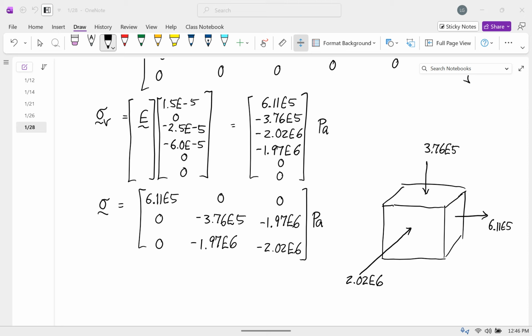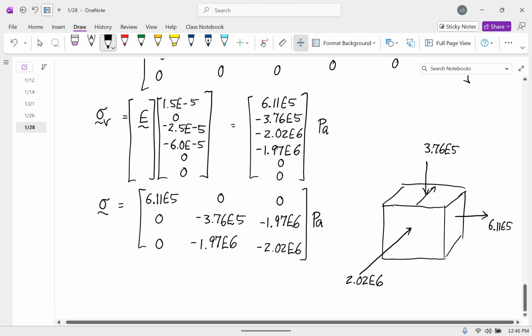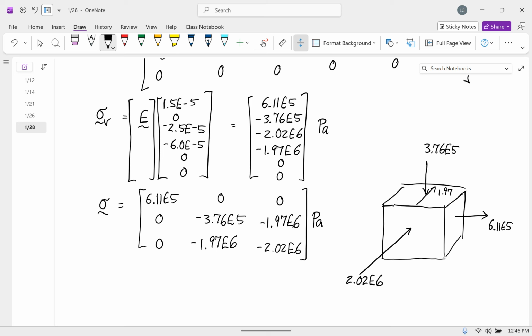On the x face, there's nothing in the y direction, nothing in the z direction. On the y face, there is something in the negative z direction. So that's 1.97 times 10 to the 6th. And that means that there has to be something here of 1.97 times 10 to the 6th.